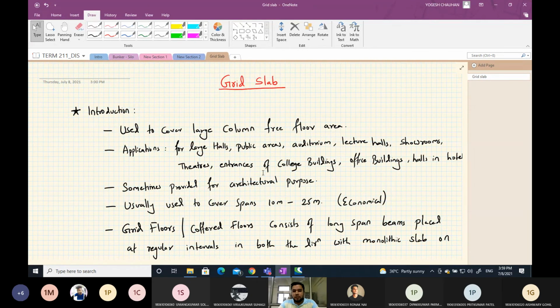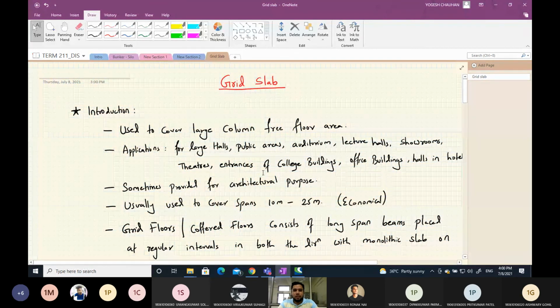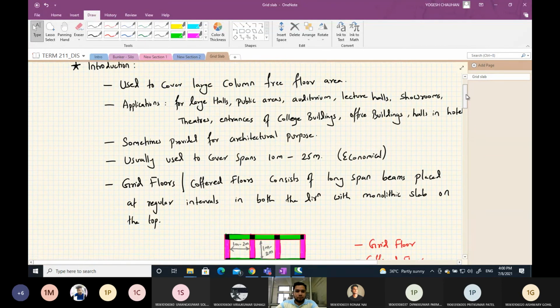Generally, some entrances of college buildings, public buildings, or office buildings are provided with such grid slabs for architectural purposes. Even halls in hotels are sometimes provided with grid slab. They are usually used to cover spans ranging from 10 meter to 25 meter. That is the economical span range for such slabs.